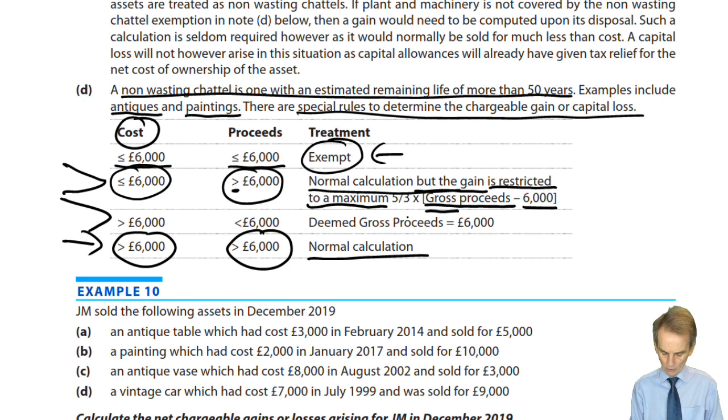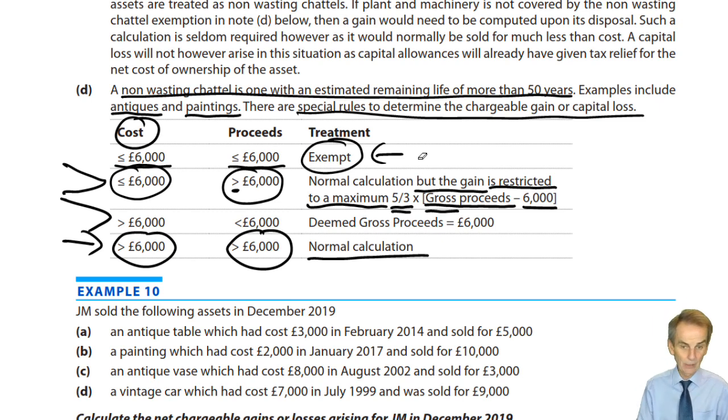And then you apply to that a fraction. Now, don't start worrying where this comes from. It is an arbitrary number. Somebody decided we'll use that particular fraction. It is 5/3 times that excess of the gross proceeds over the £6,000 chattel exemption limit.